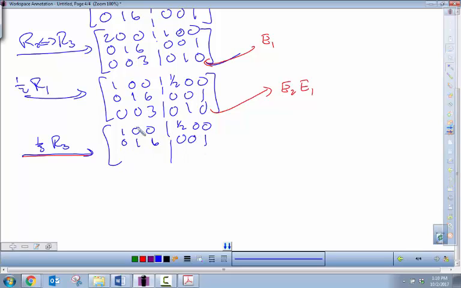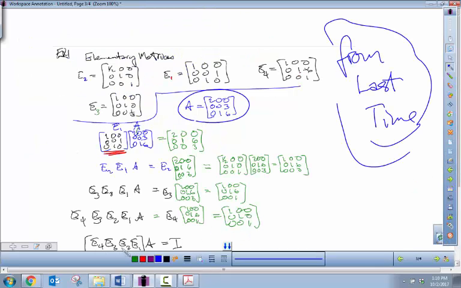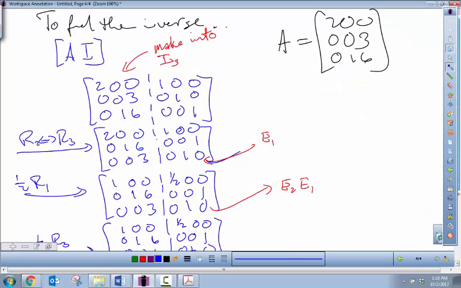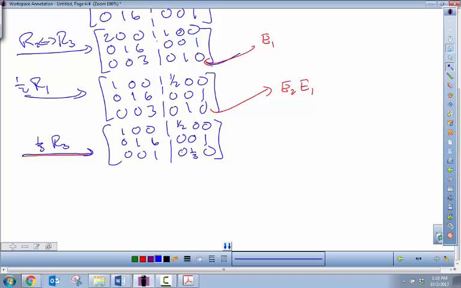So the last one gets multiplied by 1/3: 0, 0, 1, 0, 1/3, 0. By the way, we never really worked this out. We never figured out what the matrix was. We'll find out now.